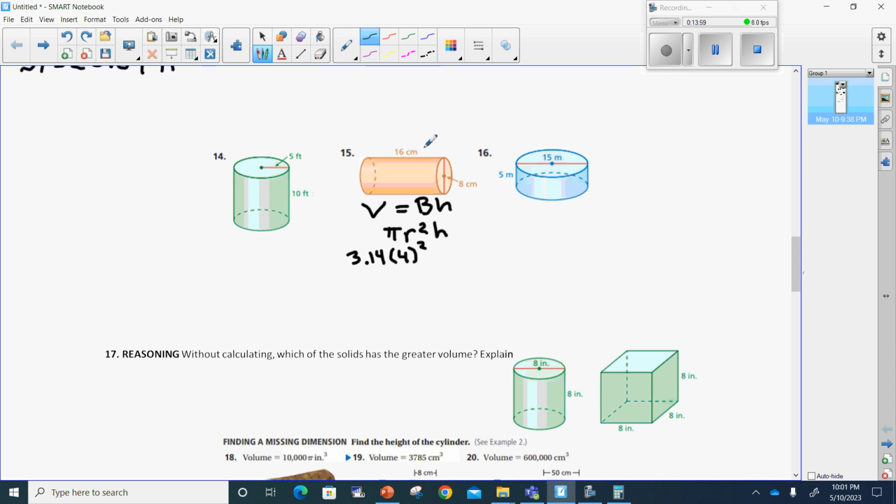And my height is 16. Well, I know that 4 squared is 4 times 4, and that's 16. This would be 3.14 times 16 times 16.